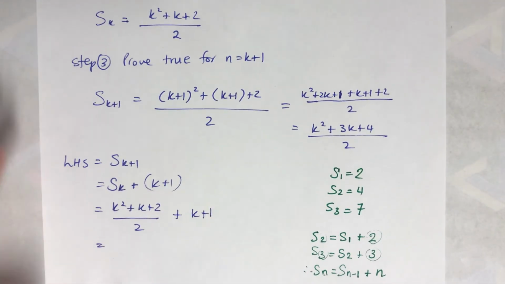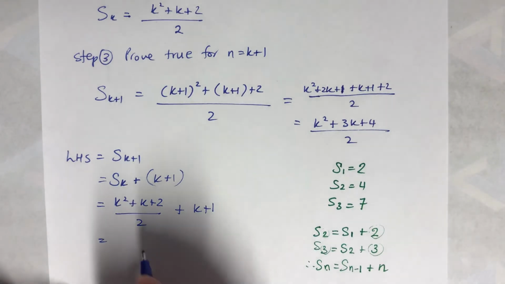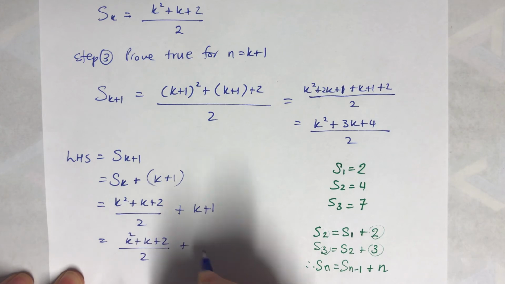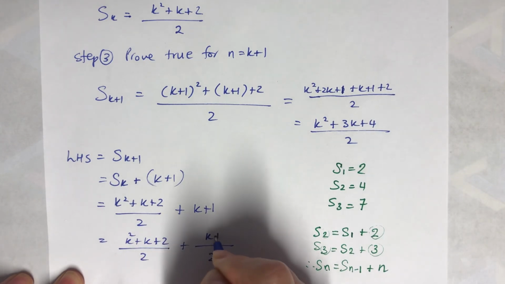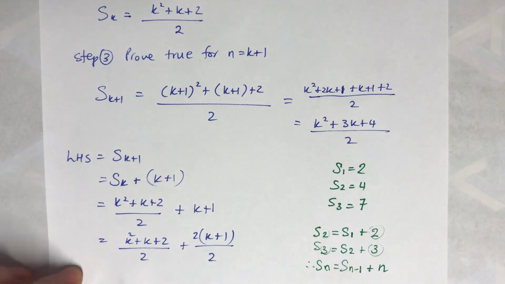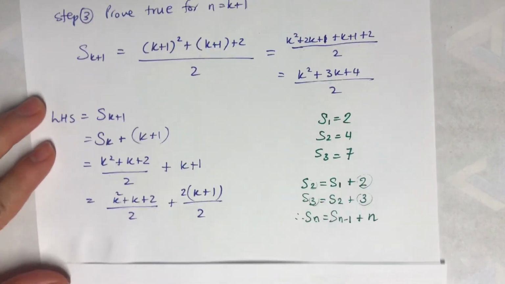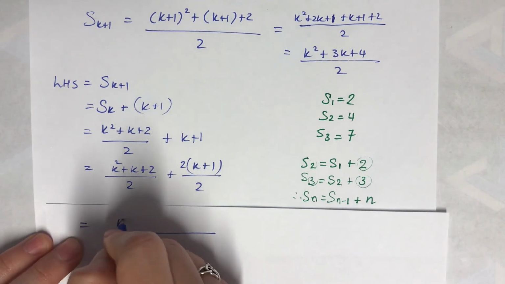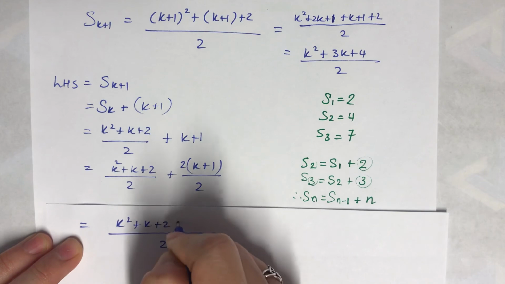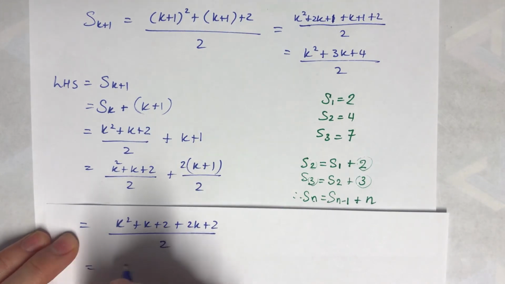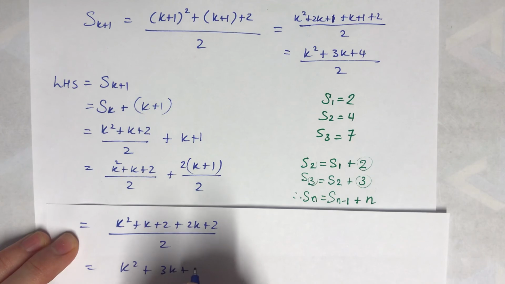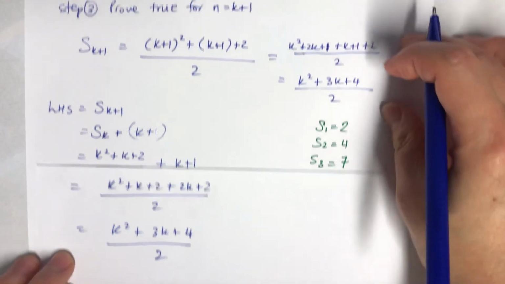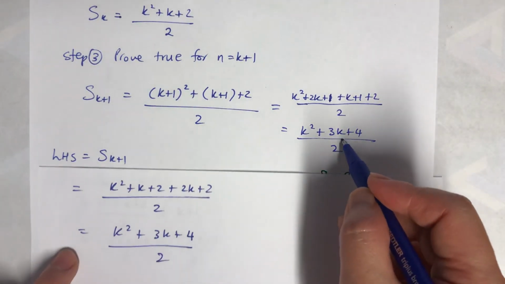Now I'm going to solve this. It'll be k squared plus k plus 2 plus 2k plus 2, all over 2, which gives k squared plus 3k plus 4 over 2, which is exactly the same as what we got here. Same.